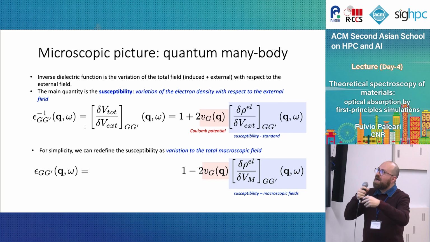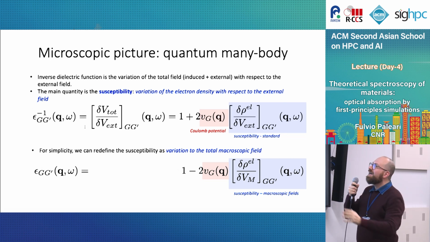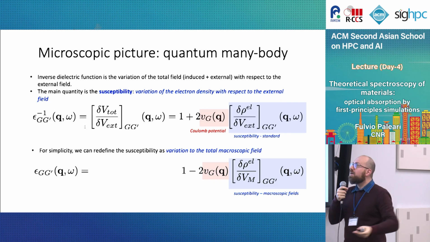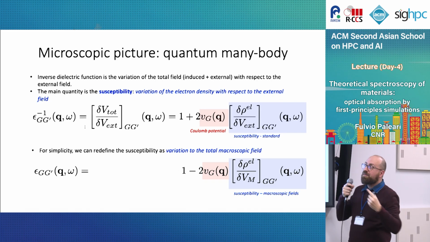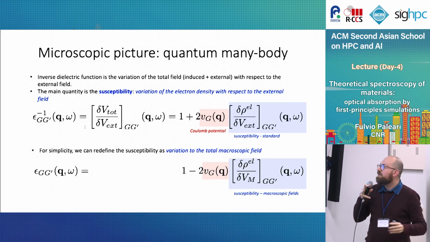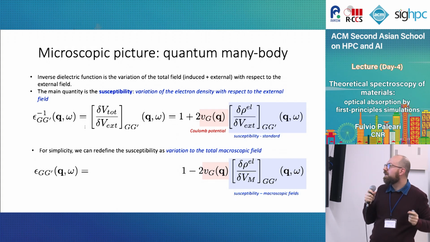We can actually rewrite this in such a way that we make sure we understand that the only thing that really matters is the variation of the electronic density, which is being polarized, with respect to the external field. And this quantity is the main quantity of many-body perturbation theory. Basically, it's called the response function, or in this case, a susceptibility.